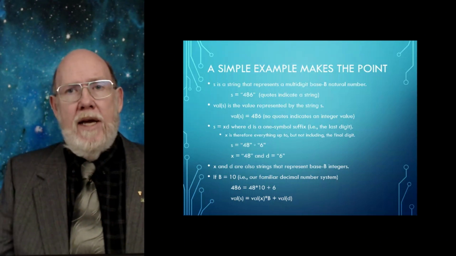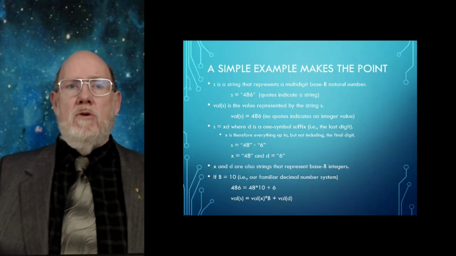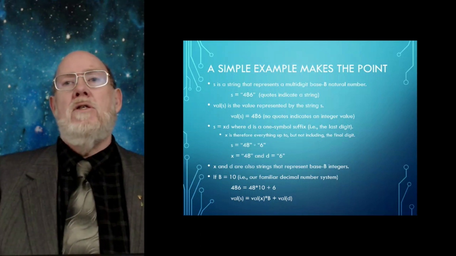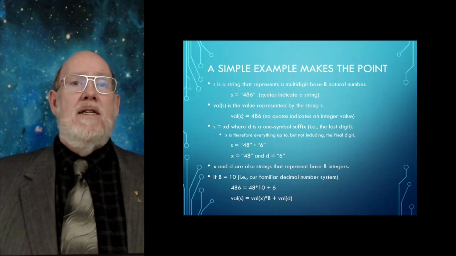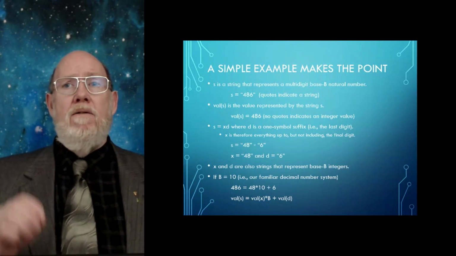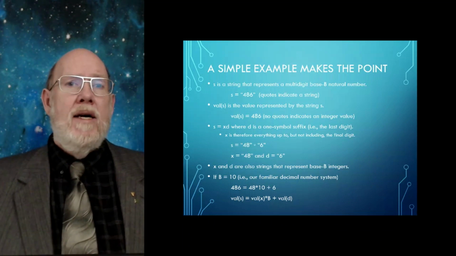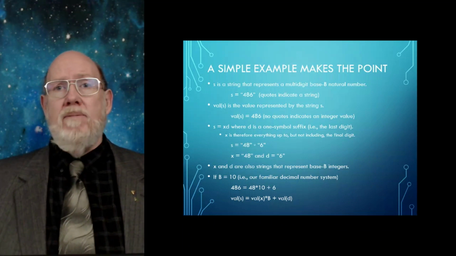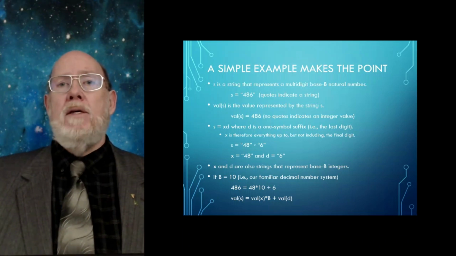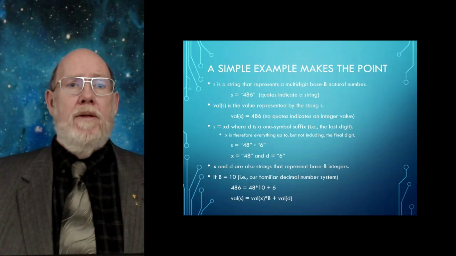Now let's write our string as the concatenation of two strings, x and d, where d is the last symbol in the string. In this case, d is 6, and x is the prefix leading up to it, namely 48. Both x and d are just strings, and each of them has a value that they represent in whatever number base we happen to be working with.